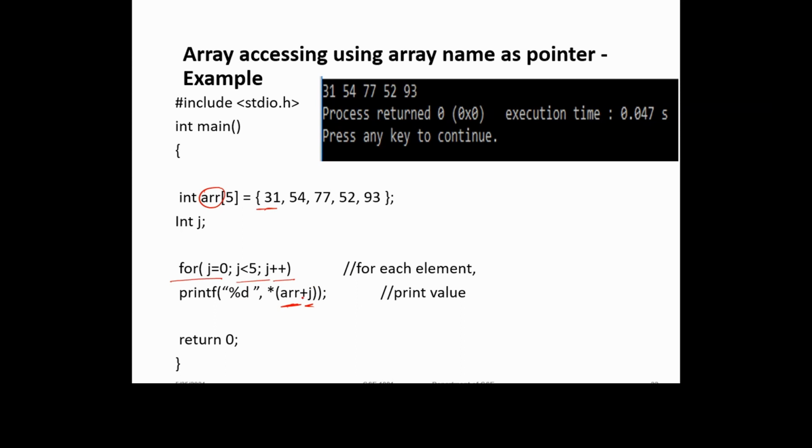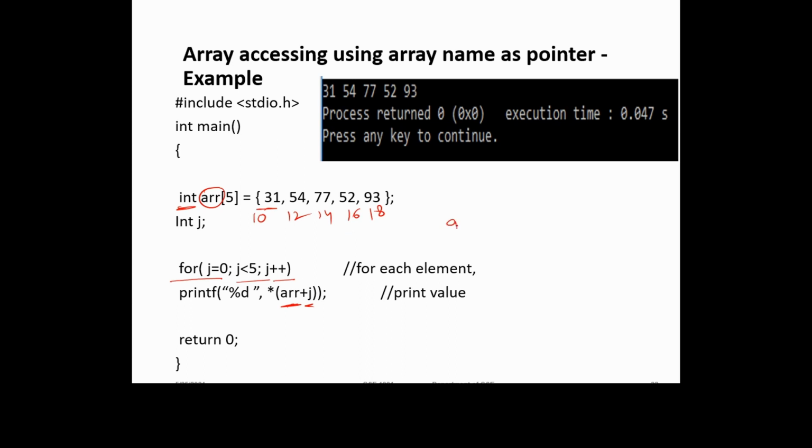Suppose the address is 10, and the size of an integer variable here is, assume, 2 bytes, so the addresses will be 12, 14, 16, 18.